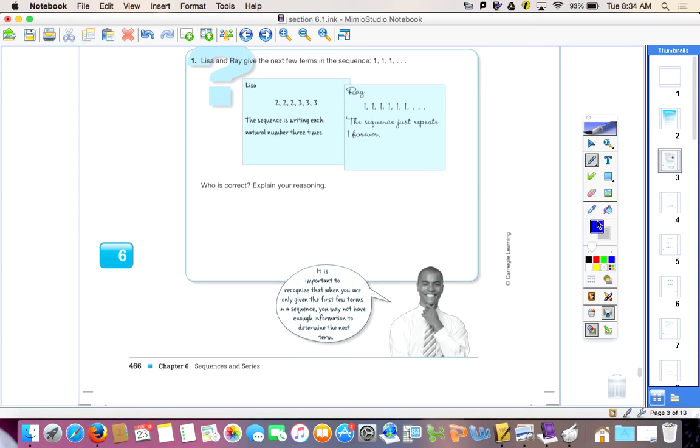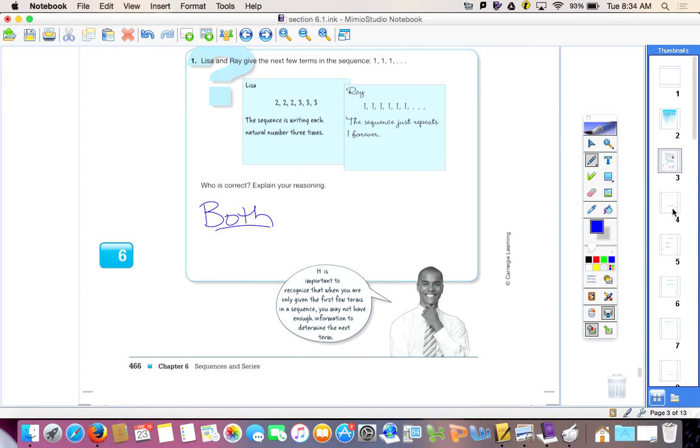So 2, 2, 2, 3, 3, 3 could happen, and Ray's 1, 1, 1, 1, 1 continuing forever could also happen. So sometimes you need more information to decide, and all we can say is they both could be correct or they both could be wrong. We don't know.